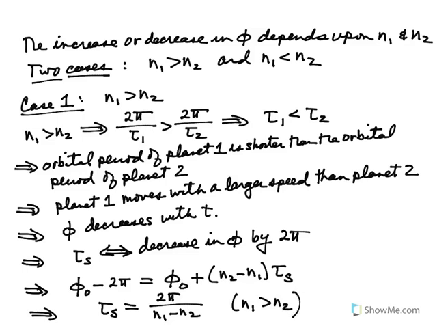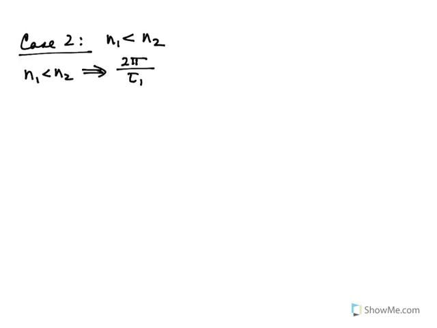Now let's look at the other case. Second case is case 2, and that is n1 is less than n2. So let's go through this exact same argument, which is n1 is less than n2 implies that 2 pi over tau 1 is less than 2 pi over tau 2, which implies that tau 1 is greater than tau 2.